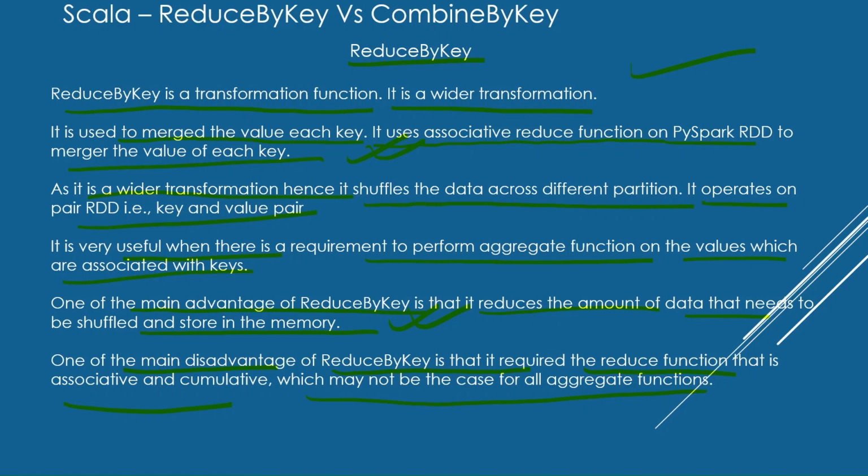But suppose you want aggregations like standard deviation or mean or median or mode, those are not associative or commutative. So those types of aggregation will not happen, or we are not able to figure them out with the help of reduceByKey.